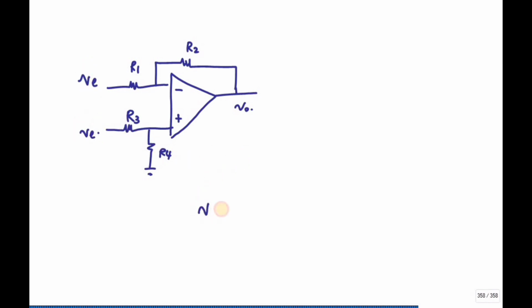So V0 is equal to minus R2 divided by R1, the gain of the inverting amplifier, into VE, plus VF into 1 plus R2 divided by R1, the gain of a non-inverting amplifier.